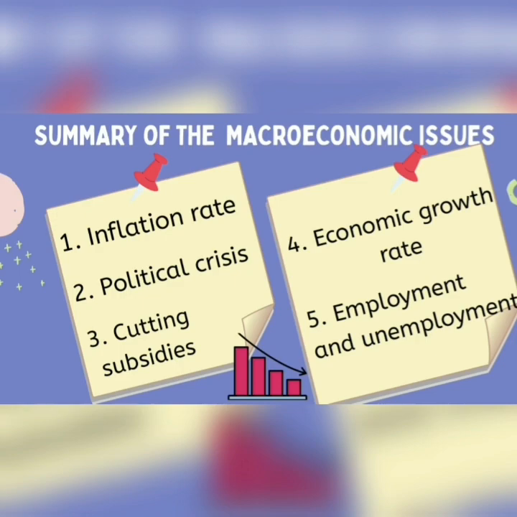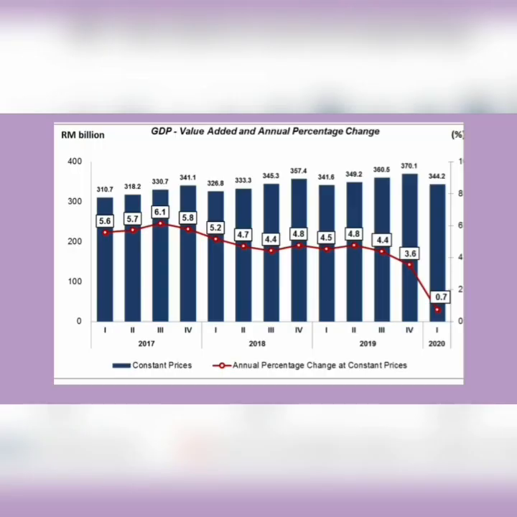Fourth is economic growth. Malaysia's gross domestic product (GDP) is expected to grow between 6.5% and 7.5% in 2021, after a 4.5% contraction in 2020 owing to the COVID-19 pandemic.